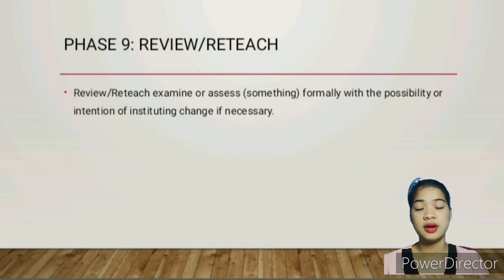Phase 9 is the review and reteach. It is to examine or assess something formally with the possibility or intention of instituting change if necessary.